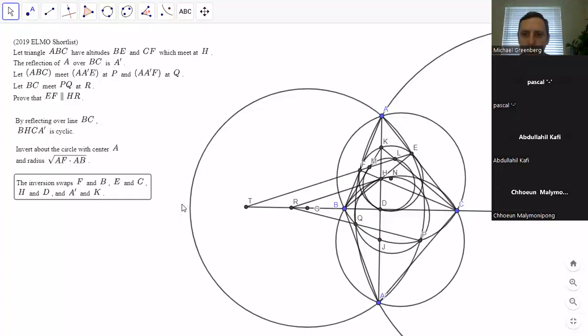So basically that means it takes the circumcircle of AB to the line EF, and it takes the circumcircle of AEA prime to the line CK.